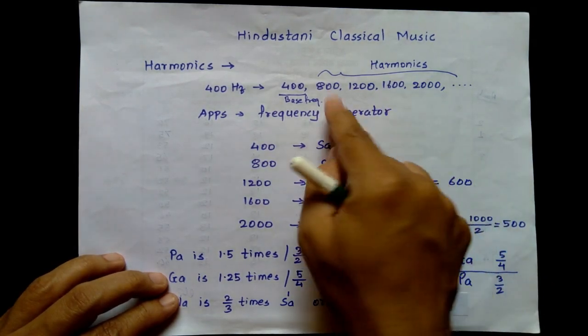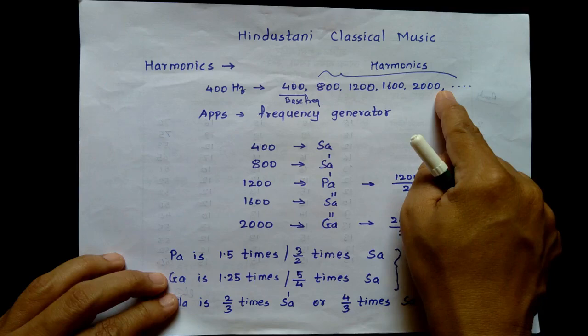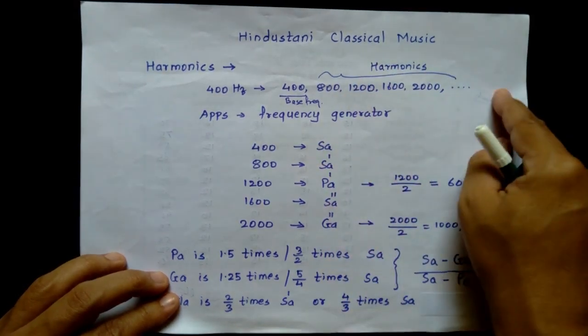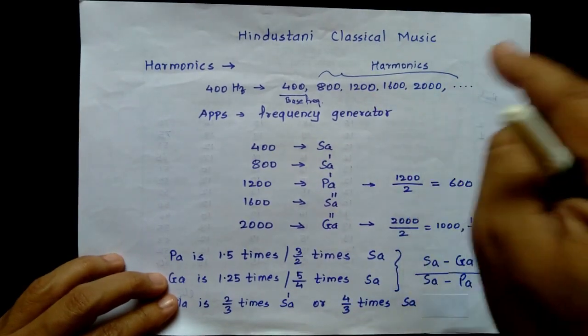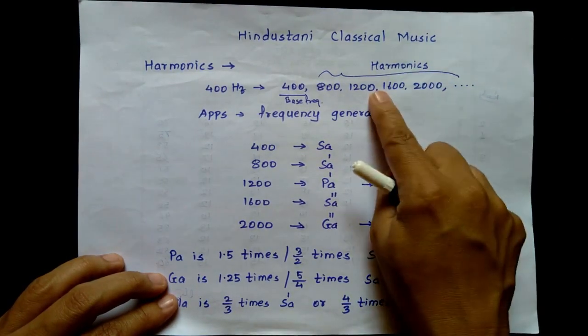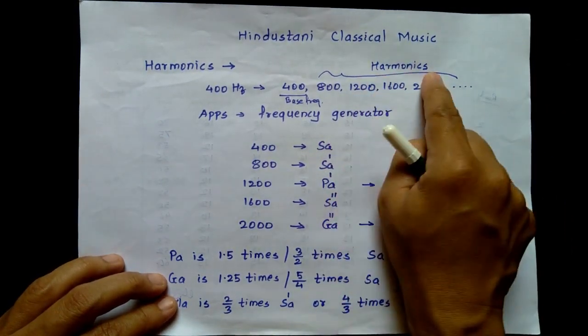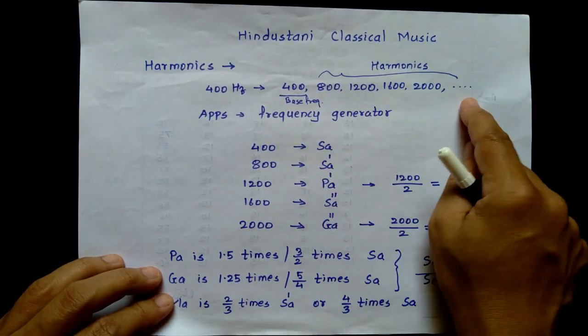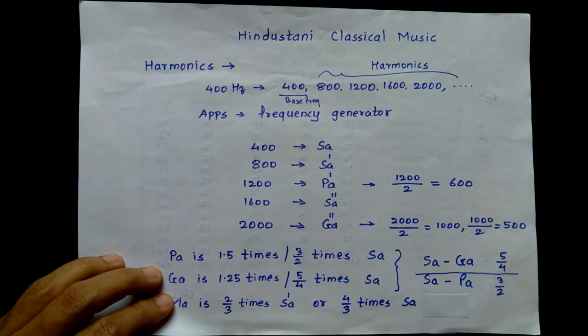This is because the harmonic content and its proportion in my voice is different from that in the other person's voice. So harmonics decide the texture or identity of that particular voice.